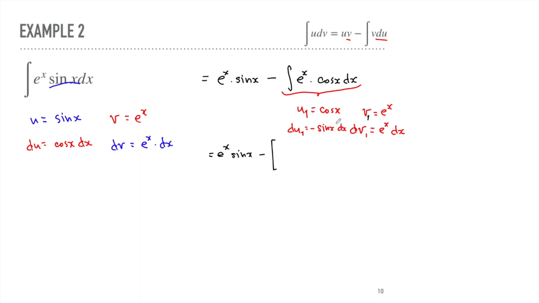Oops, nakalimutan ko yung 1 dito. u1, v1, so e to the x cosine x minus integral ng v1 du1 e to the x.